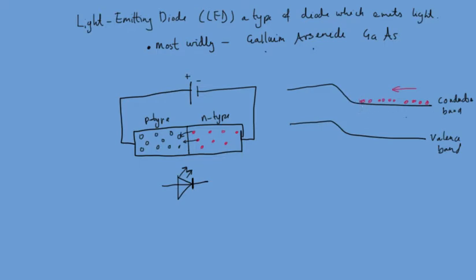Here in the depletion zone we have some holes, and in our P-type we have our holes. So as the electrons come up here, they fall down to fill a hole. Let's put another one up here. Now as they drop down from the conduction band into the valence band, they lose energy, and that energy is lost as a photon of light.